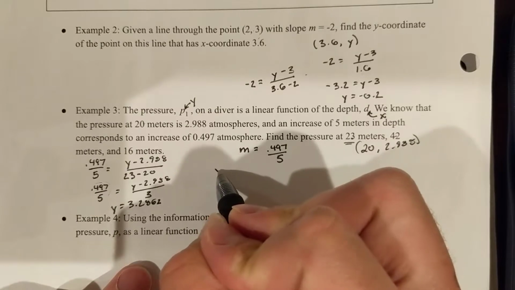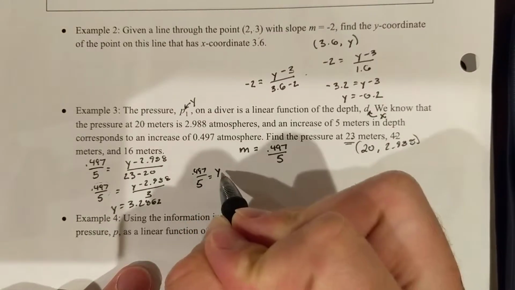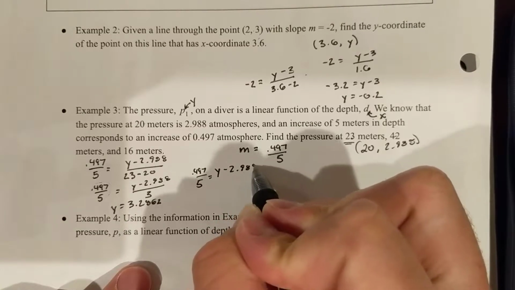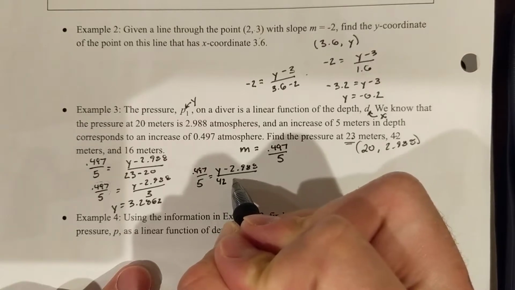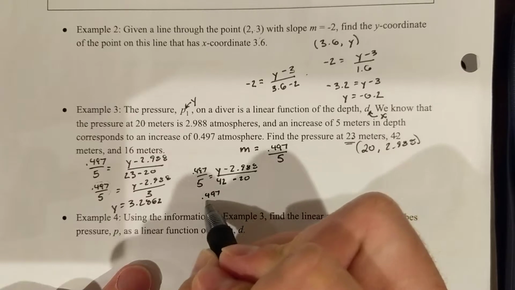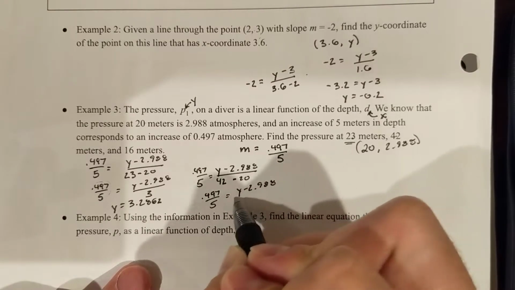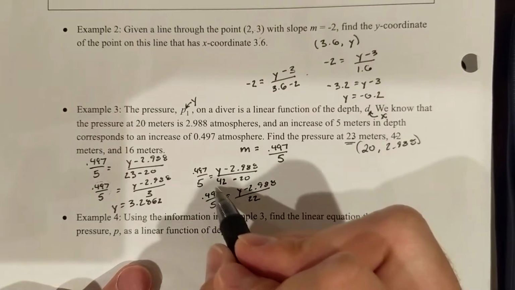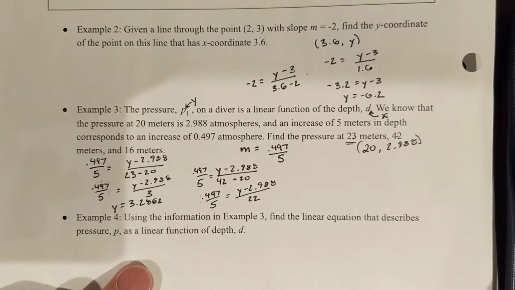So for the second one, 0.497 over 5 is equal to y minus 2.988 over, now our depth is 42 minus 20. So 0.497 over 5 is equal to y minus 2.988 over 22. So do the division, multiply by the 22, and add that value across. So 0.497 divided by 5 times 22 plus 0.29.